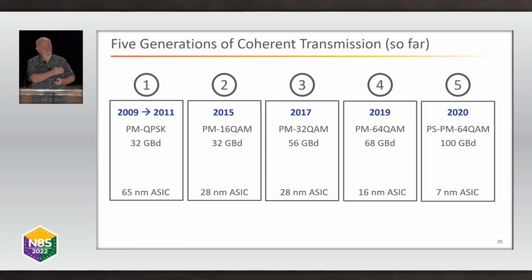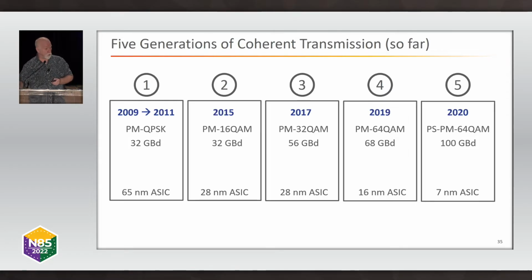And then you see that we've moved from the first generation, which could only run at 32 gigabaud with QPSK, right through to today's 5th generation, which even uses a very special kind of modulation called probabilistic constellation shaping, and at 100 gigabaud data rates. So on the bottom line, you can see the enabling technology that allowed us to do that, which is that the feature size of the ASIC technology drops from about 65 nanometers right down to today's 7 nanometer technology.